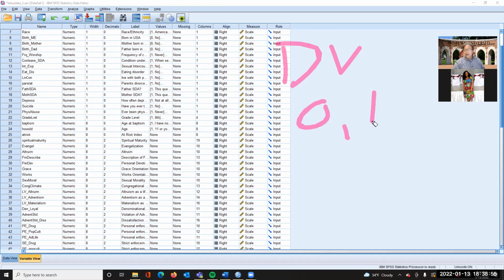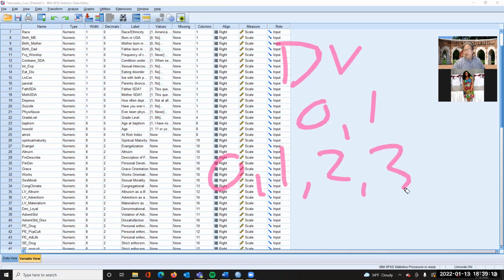There is something called multinomial logistic regression in which the dependent variable can have more than two categories, such as 0, 1, 2, 3.